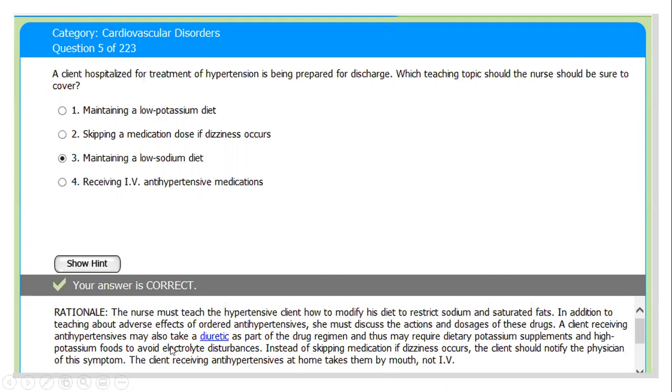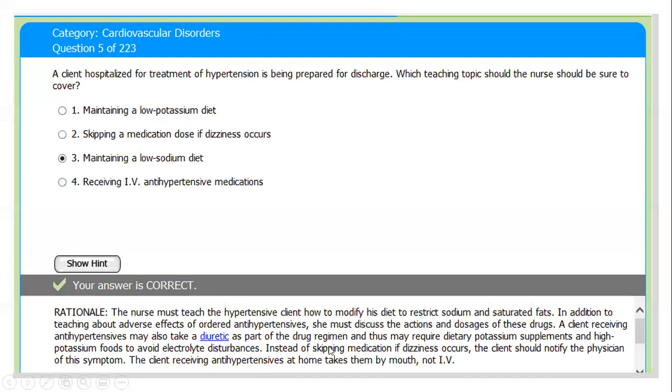A client receiving an antihypertensive may also take a diuretic as part of the drug regimen and thus may require dietary potassium supplements and high potassium foods to avoid electrolyte disturbance.